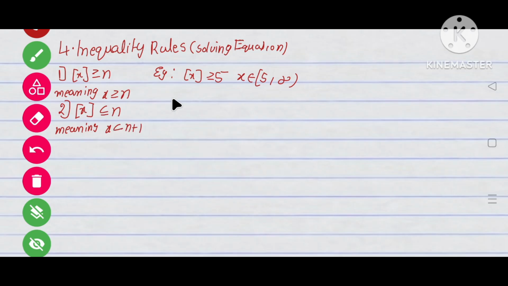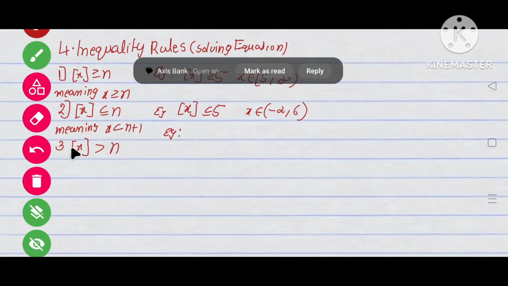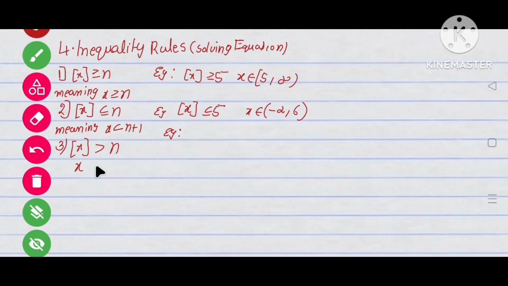So x is less than n plus 1. Step x is less than or equal to 5, so x belongs to minus infinity to 6, open interval at both ends. What will happen if step of x is greater than n? Step of x greater than n means x is greater than or equal to n plus 1.